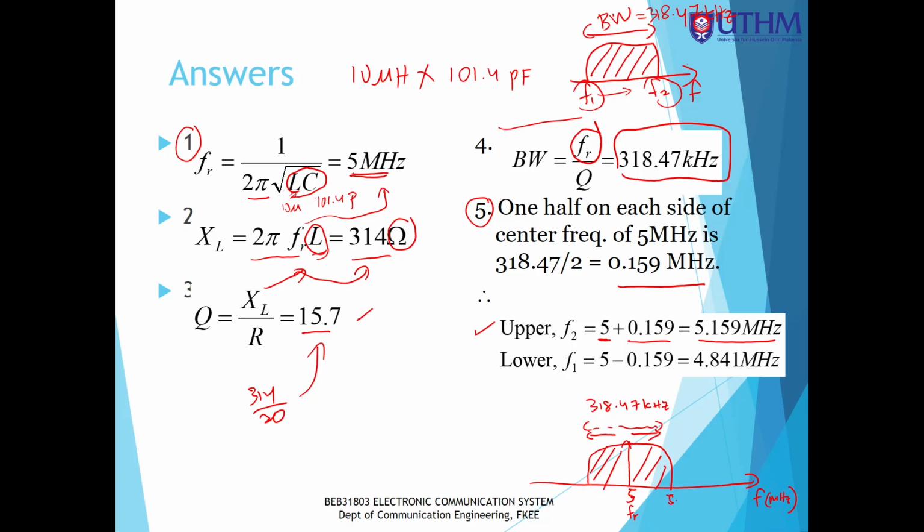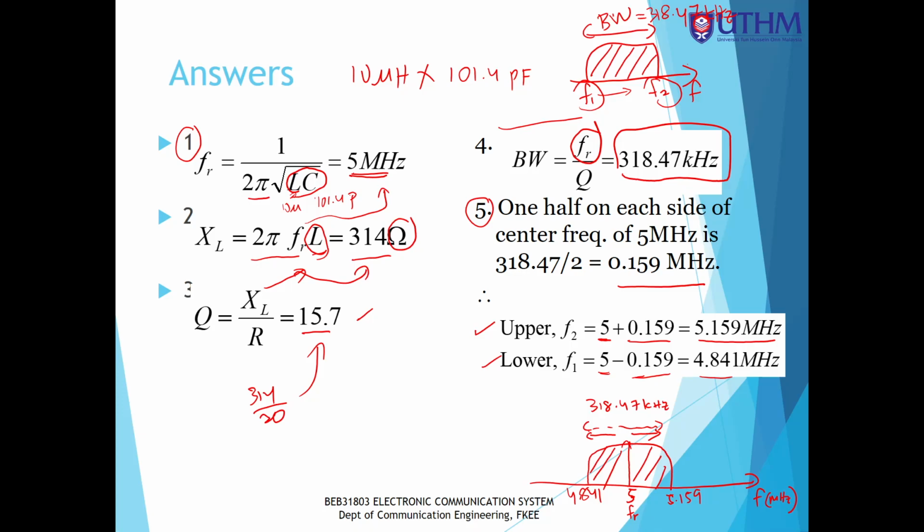Okay, so that means 5.159. And then the lower limit is center minus half of the bandwidth, which is 5 minus 0.159. So we get 4.841 megahertz.